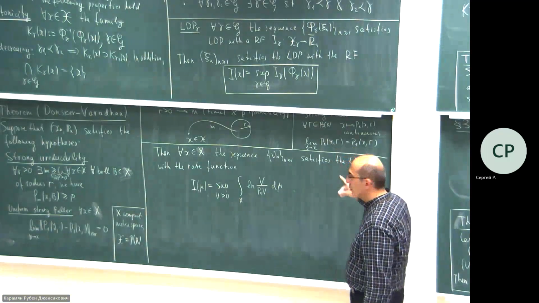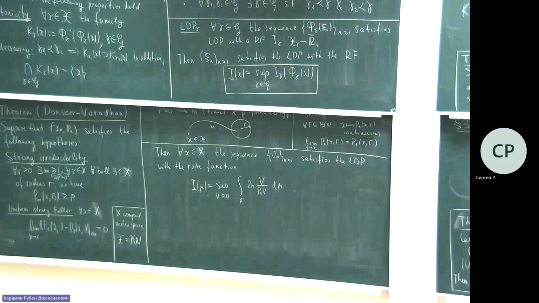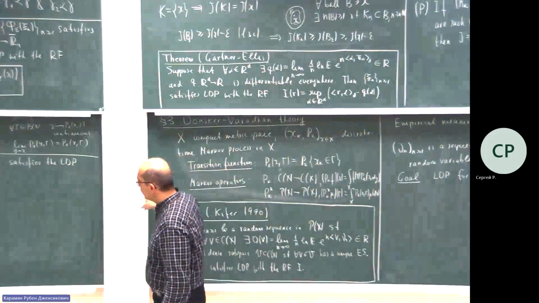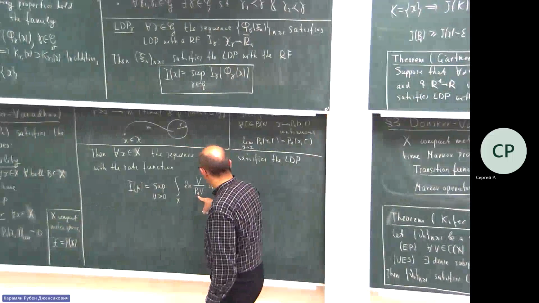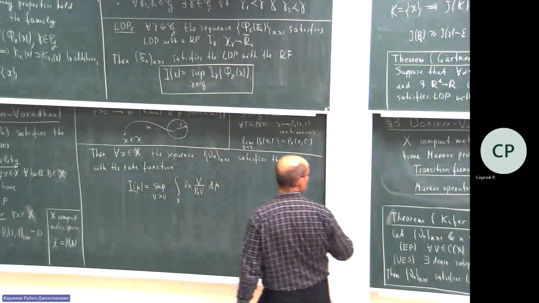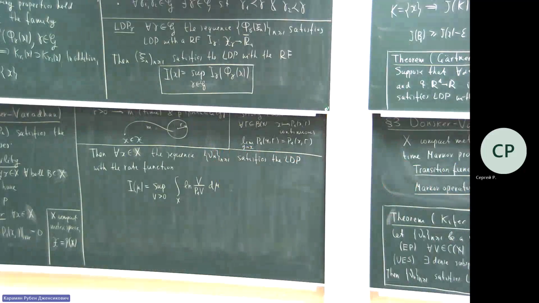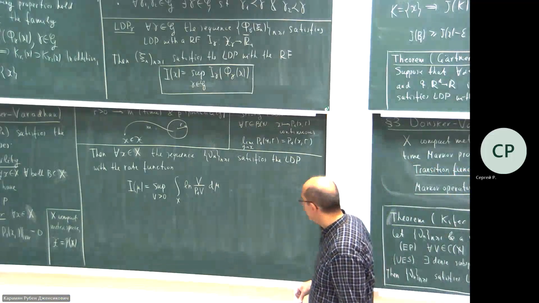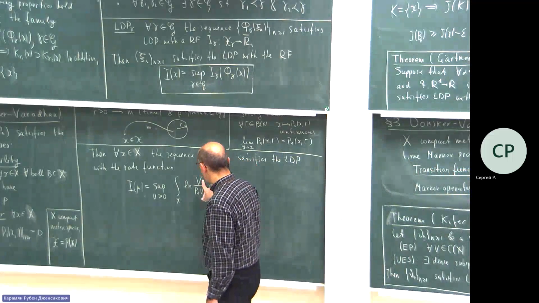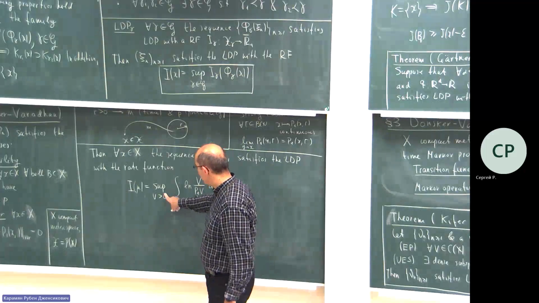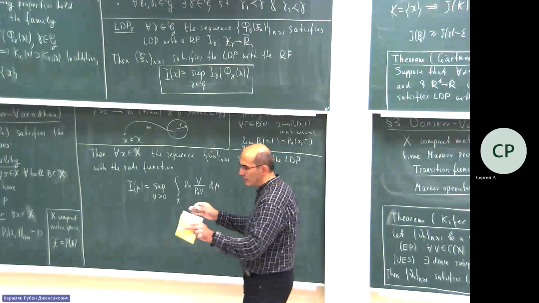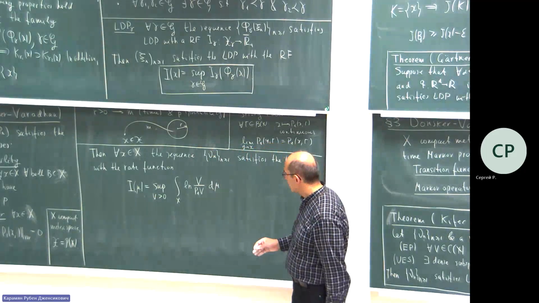So P1 applied to a function f, and that is P1 v. The supremum is over all positive functions. When it is positive, it will be bounded away from zero. Okay, fine.